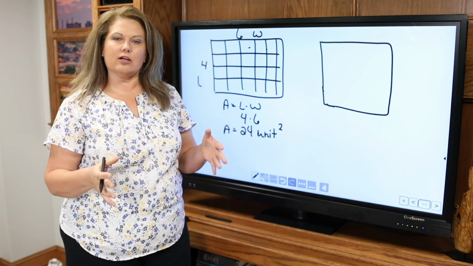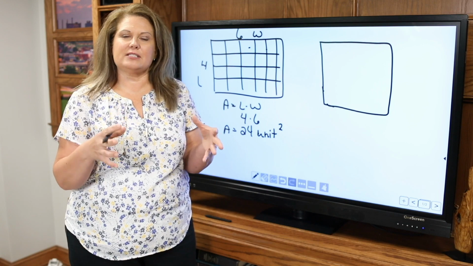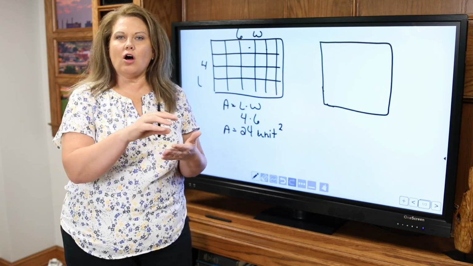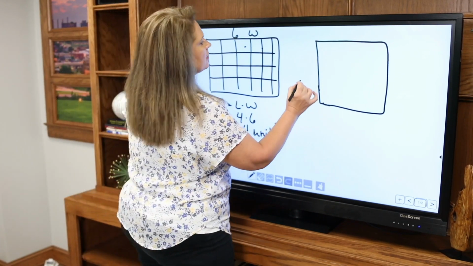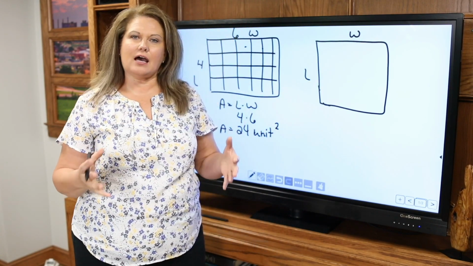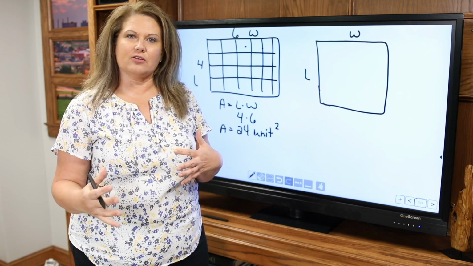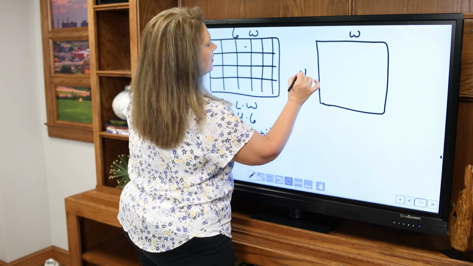And remember, a square is a type of rectangle, except it has a specific property that all the sides are going to be the same. So you could again say this is length times width, but most of the time, because they're the same length, you're going to use the same letter.